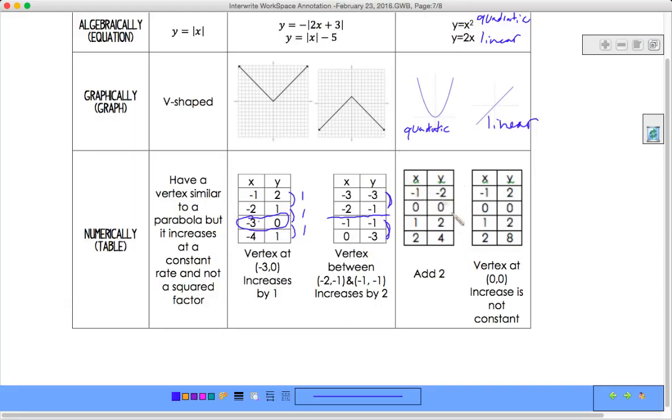Just like with linear. Linear has a constant rate of change. Because here we're going up 2, here we're going up 2, here we're going up 2, so that means that this is linear. And this is changing 1. And then this one we talked about it being quadratic.